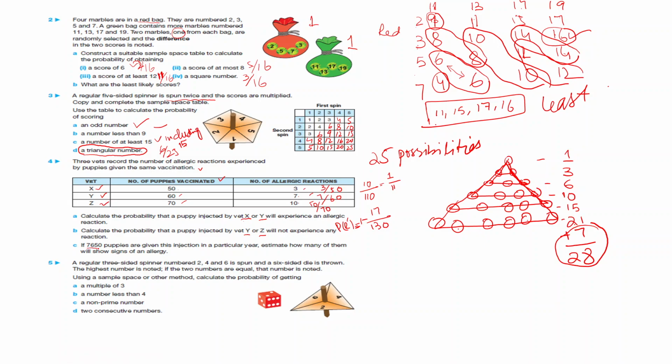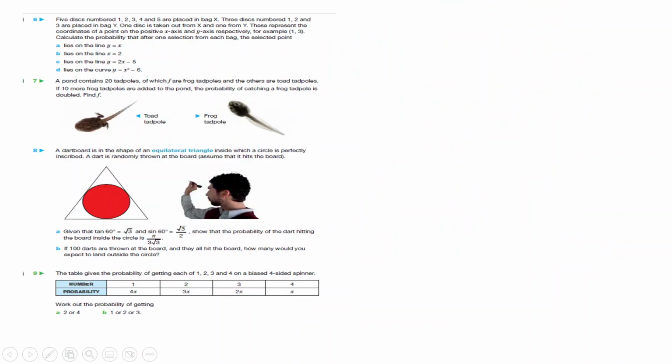If 7650 puppies are given this injection in a particular year, estimate how many of them will show signs of an allergy. So you have to calculate all of these: 3 plus 7 plus 10 is 20 puppies who get an allergy, out of how many total puppies?